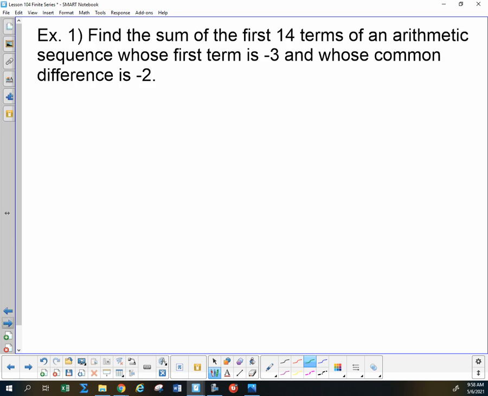So let's find the sum of the first 14 terms. This one is going to be arithmetic. So we need to use our arithmetic formula, which is the sum of the first n terms is n over 2 times the first one plus the nth one.